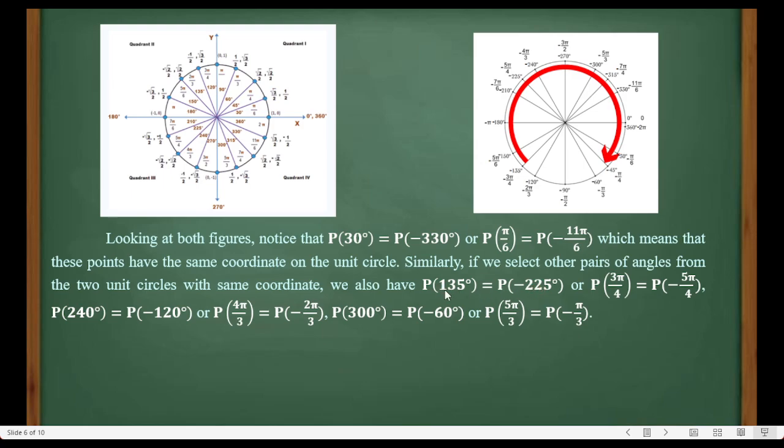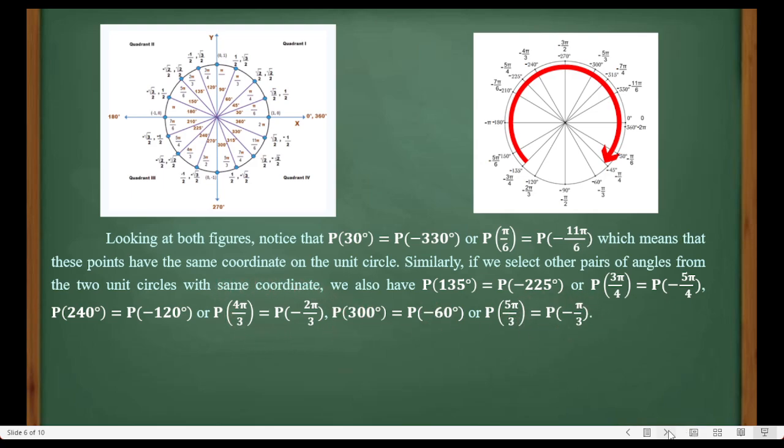So if we say coterminal, they share the same terminal side, and obviously, they share the same terminal point. Ganun din, P of 3 pi over 4 is the same as P of negative 5 pi over 4. Again, these two angular measures, which are both in terms of radians, are coterminal to one another. Same thing with this pair of coterminal angles, parehas din yan.